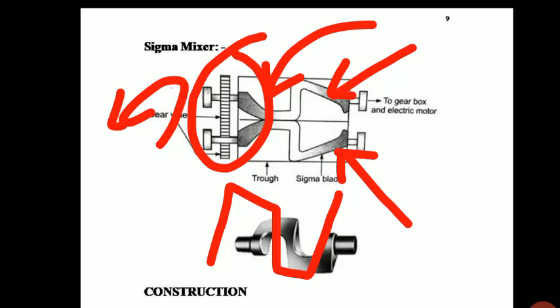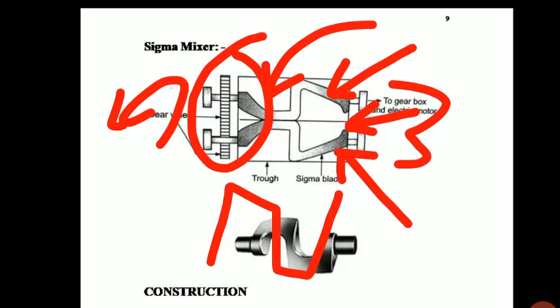It consists of a W shaped container. So the trough is like a W shaped container made of mild steel or stainless steel with a jacket for heating and cooling purposes. So it can be heated or cooled depending on the application.